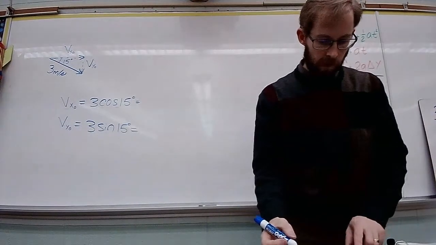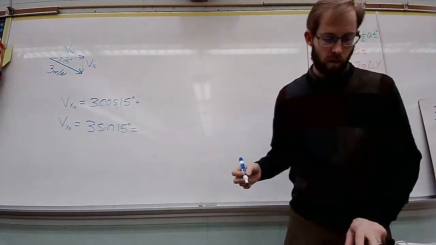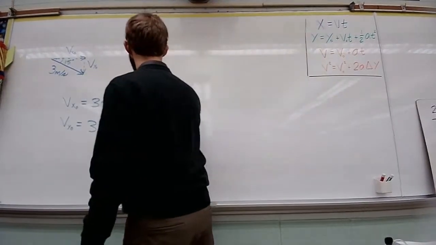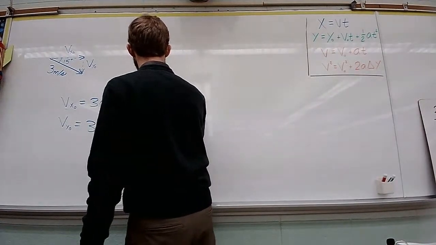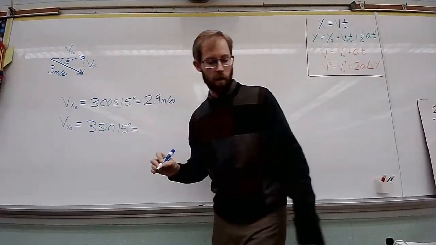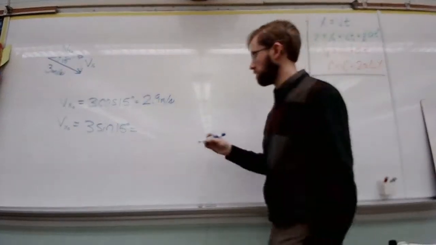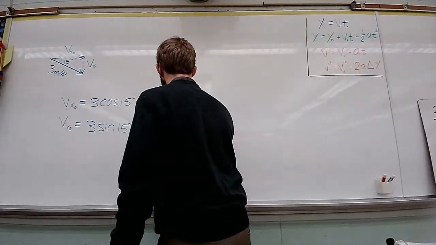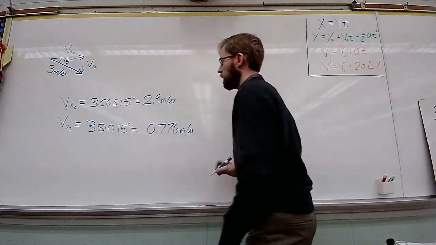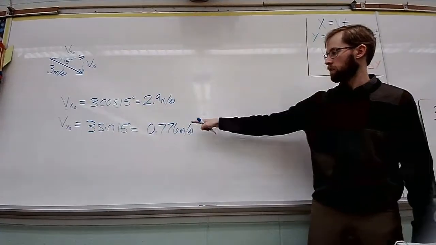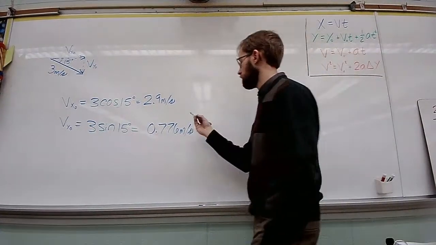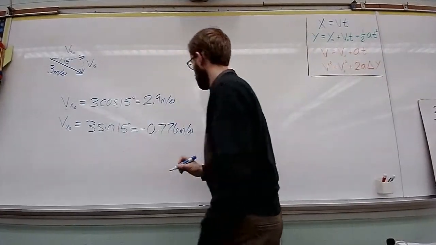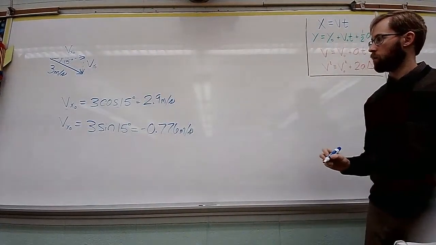So let's see, in the x direction, that comes out to 2.9. In the y direction, that's going to come out to 0.776. And because we're going down here, it's going to be a negative 0.776. So that's our starting point.